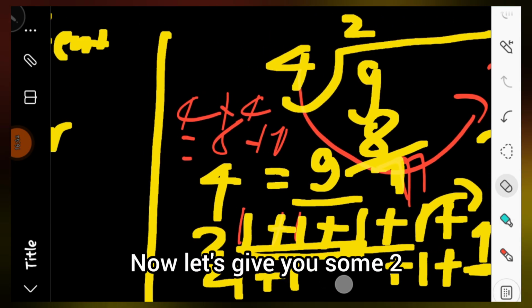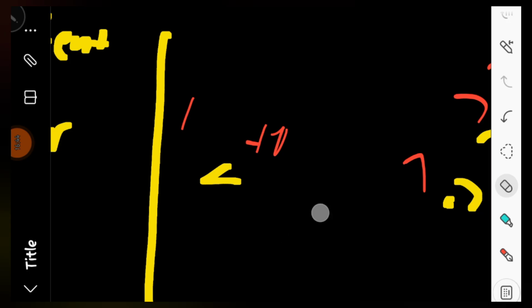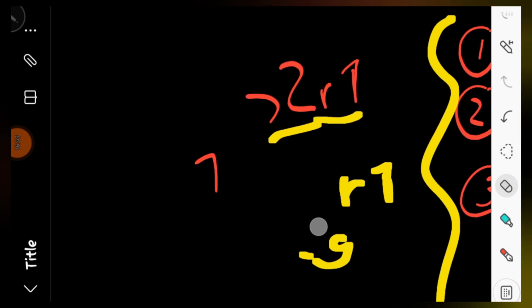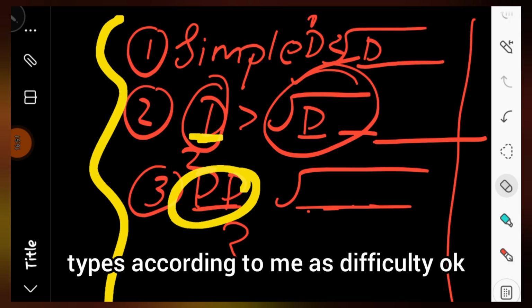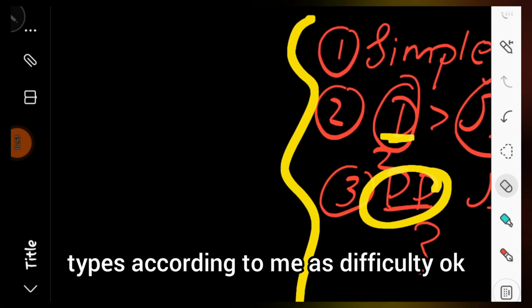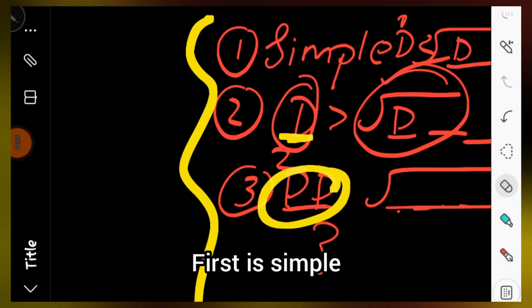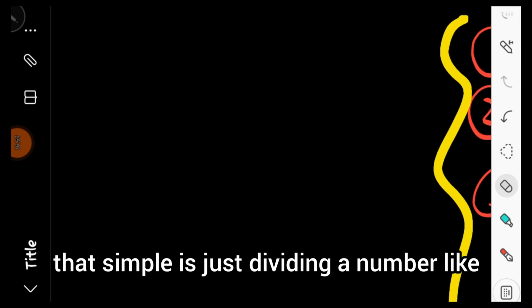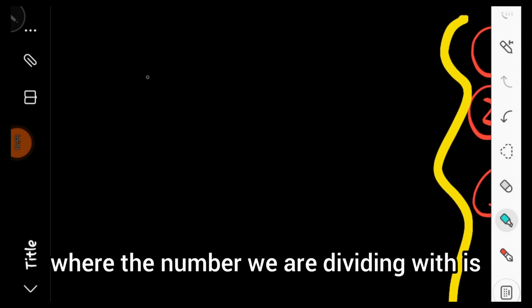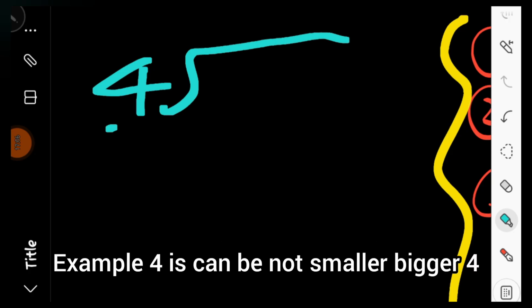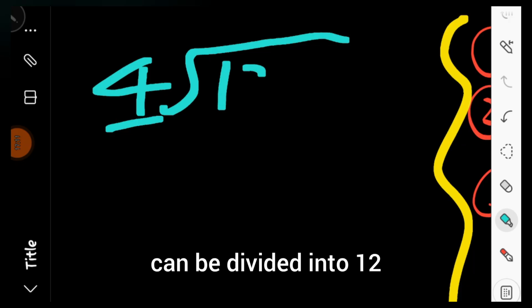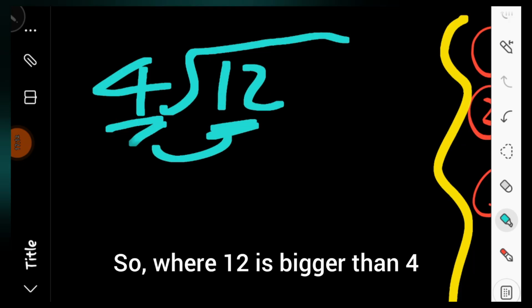Now let's give you a tour of division. Division can be categorized into 3 types according to me, by difficulty. First is simple, where the number we are dividing with is smaller than the number we are dividing. Example, 12 divided by 4, where 12 is bigger than 4.